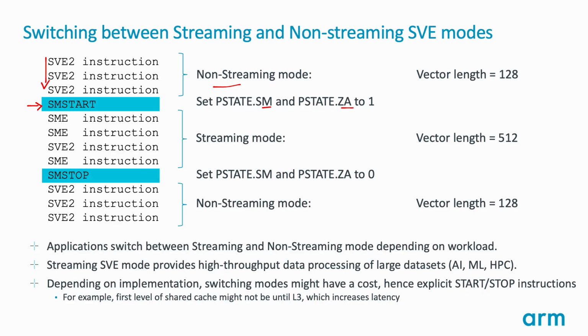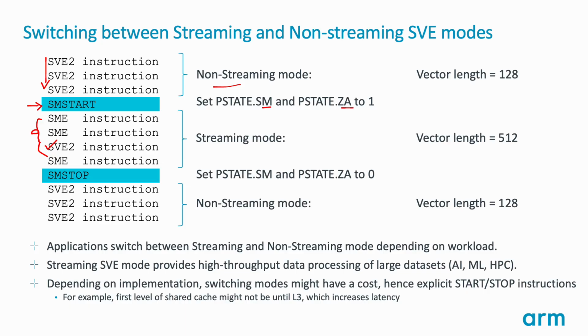Okay, the SMSTART instruction will simultaneously enable both streaming SVE mode and ZA storage. Once the streaming SVE mode is enabled, all the SME instructions can be executed. Also, it enables a subset of SVE2 instructions. These instructions can be executed to handle the complex matrix computations.